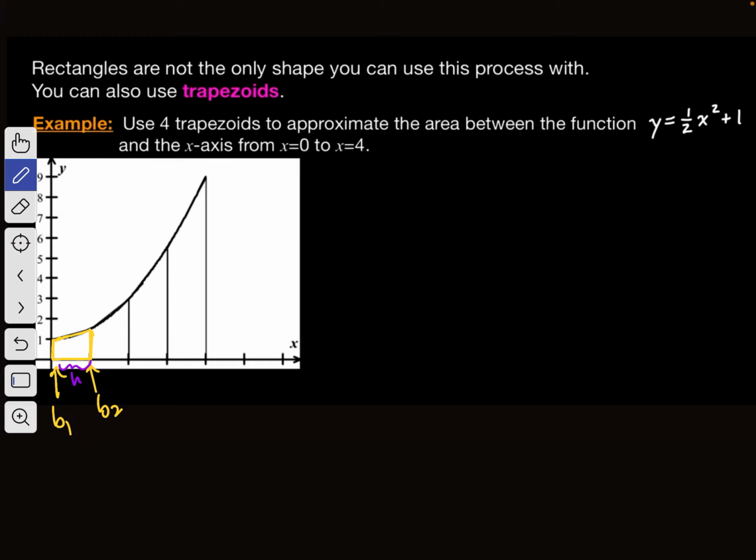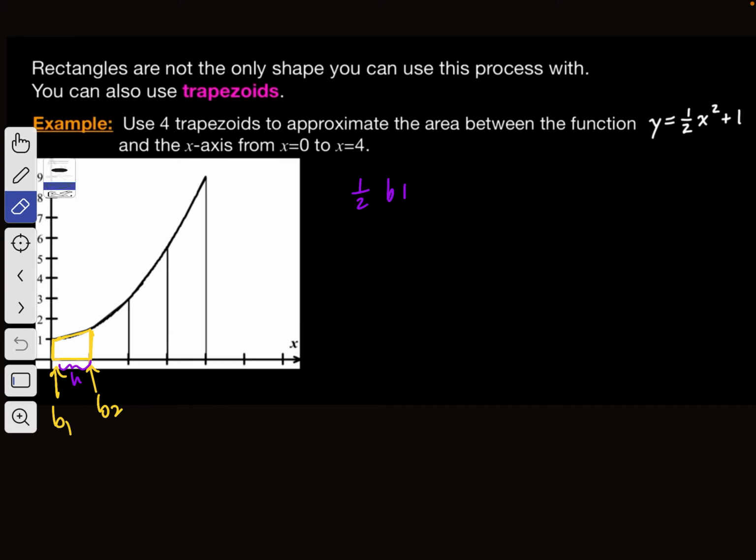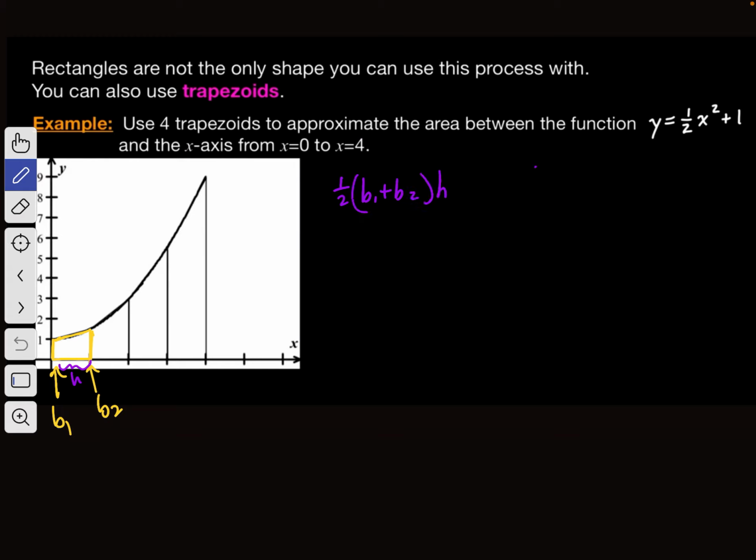And so your formula for a trapezoid is 1/2 base 1 plus base 2 times the height.